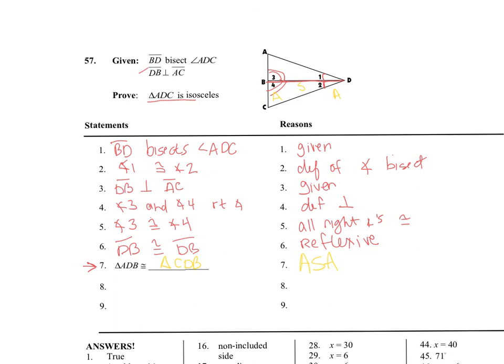And then if we know that, we now can say that segment AD, which is this right here, is congruent to segment CD, because corresponding parts of congruent triangles are congruent.